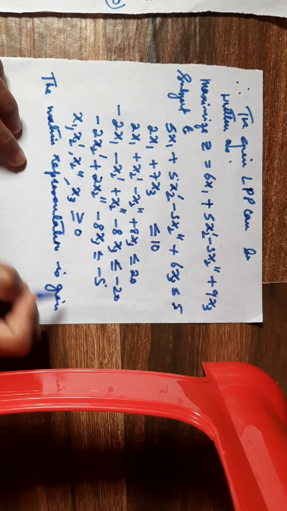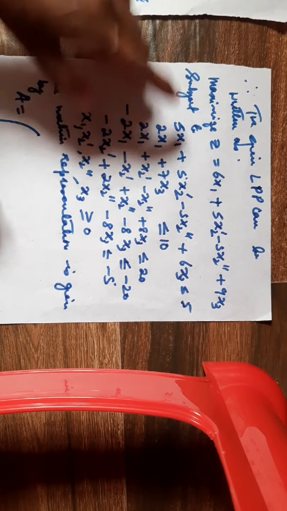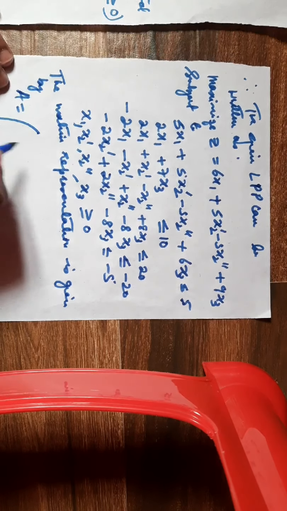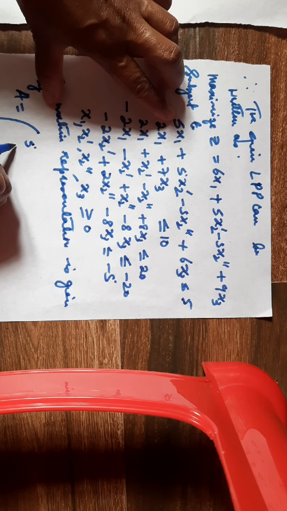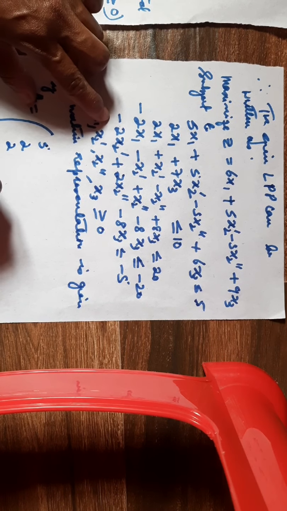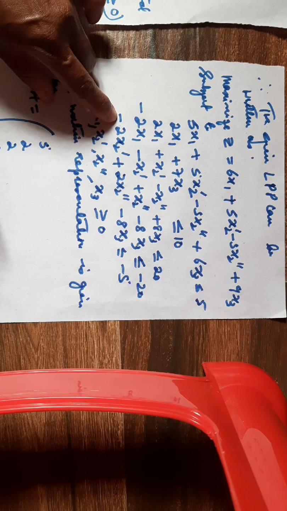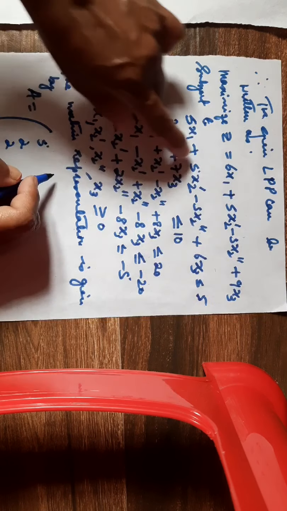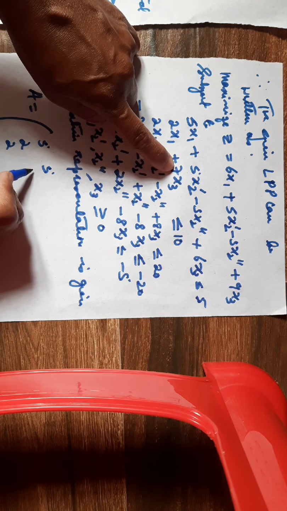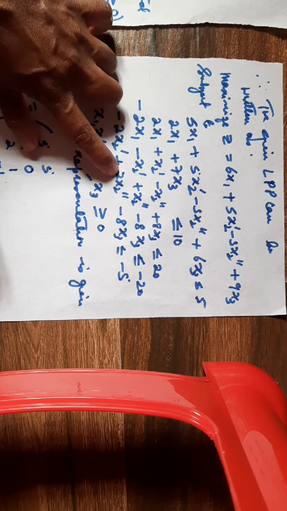is given by A equal to, the coefficients of x1, x2, x3. The first column will be the coefficient of x1, so it will become 5, 2, 2 minus 2, again minus 2. Then next, the coefficient of x2 prime, here it is 5, and since x2 prime is absent in this case, it will be 0. Then x2 prime is 1 here, then minus 1, and then 2.